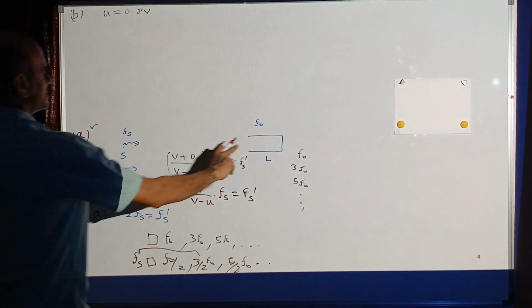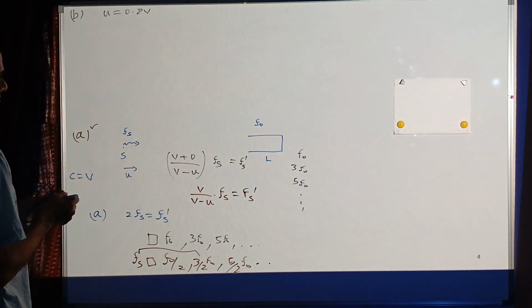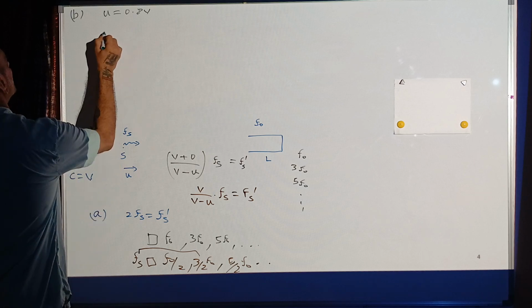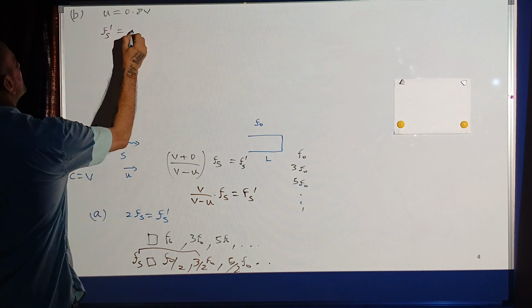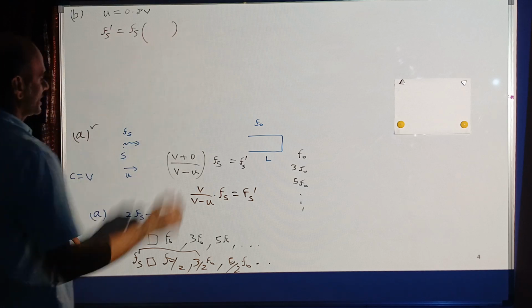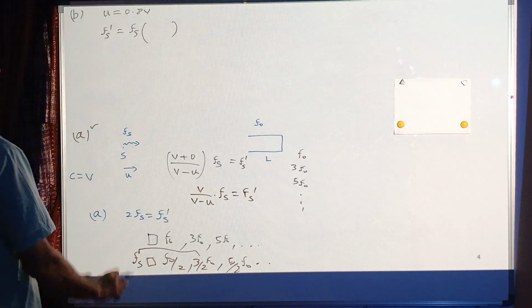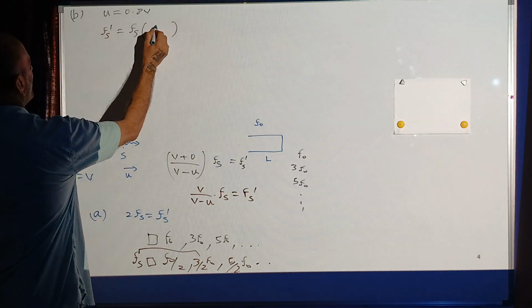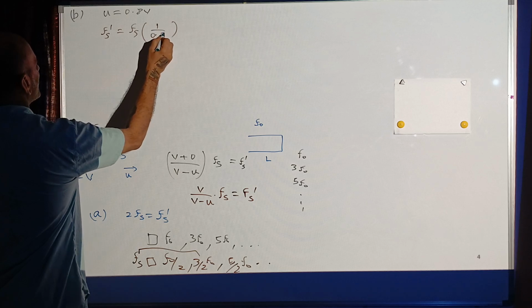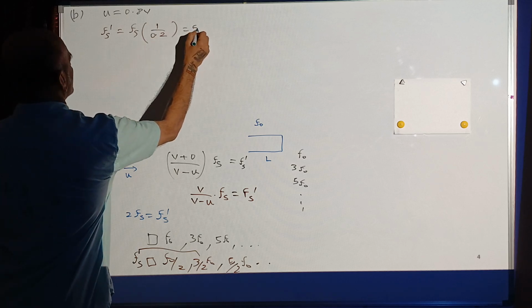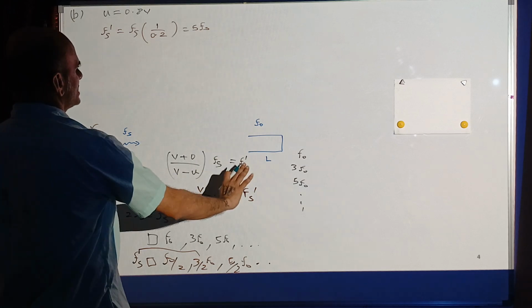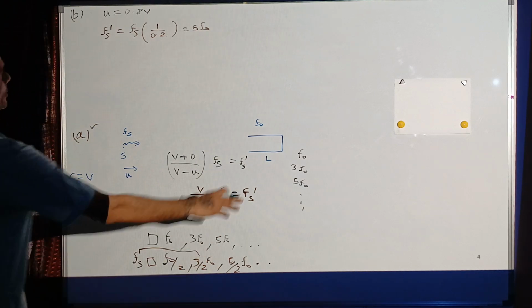In that case, the frequency of sound as it reaches the pipe, Fs prime, will be different from Fs by a factor v by v minus u. u is 0.8, so it will be 0.2. So 1 by 0.2, that is 5 times Fs. So the frequency of sound has increased 5 times when it reaches this pipe location.